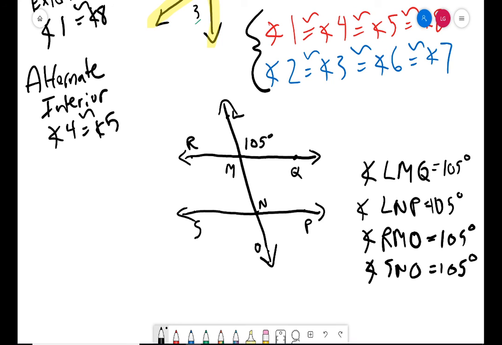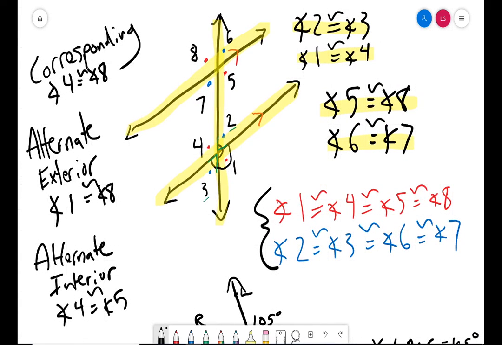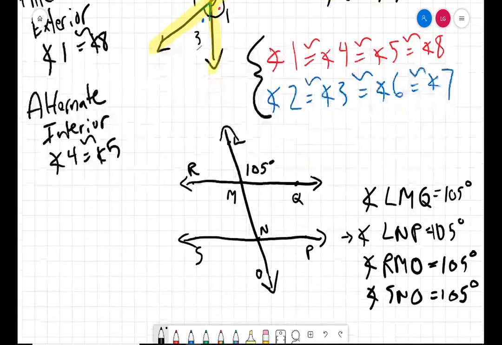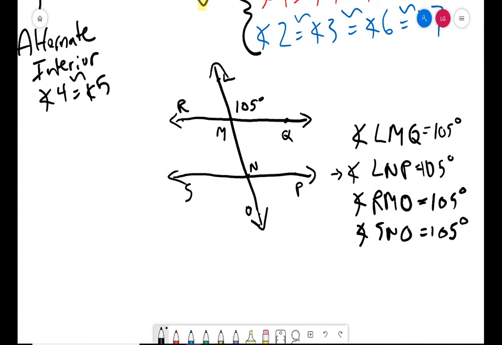Okay. Why does it mean that? Well, LNP is also 105 because they are corresponding angles. Notice 4 and 8, and 3 and 7, and 1 and 5, and 2 and 6. Well, LMQ, LNP, those are corresponding angles, right?